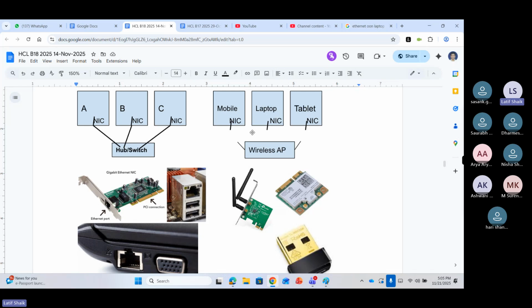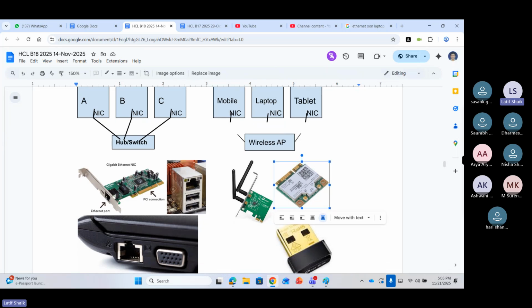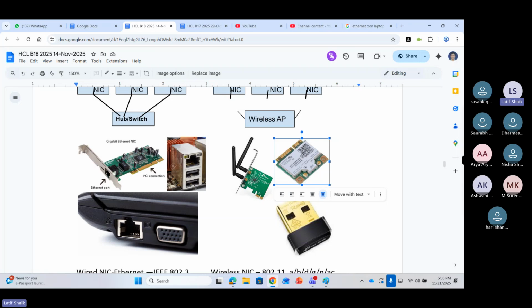In a laptop, generally there is a wireless NIC card inside. This is also one of the wireless NIC cards. These cards we can insert into desktops or servers, just like how you insert an Ethernet card.